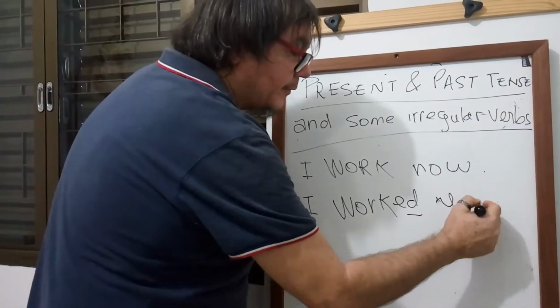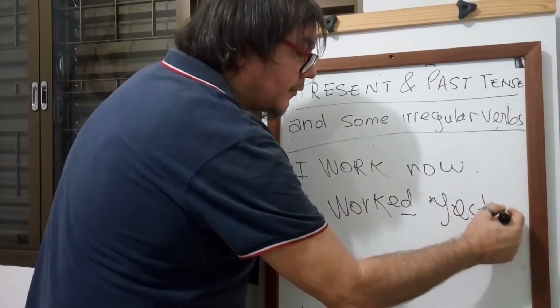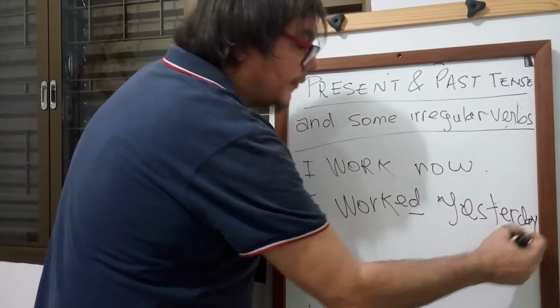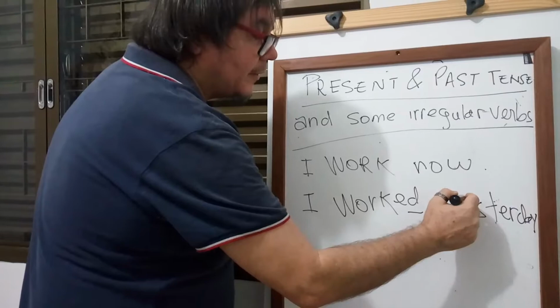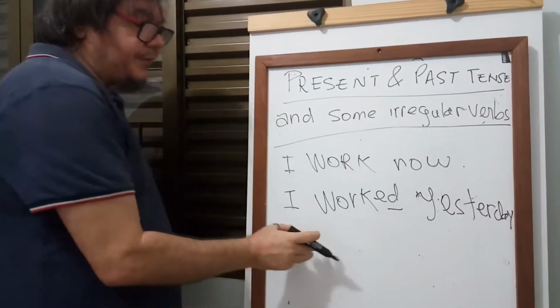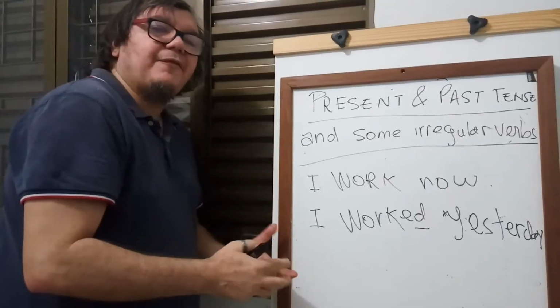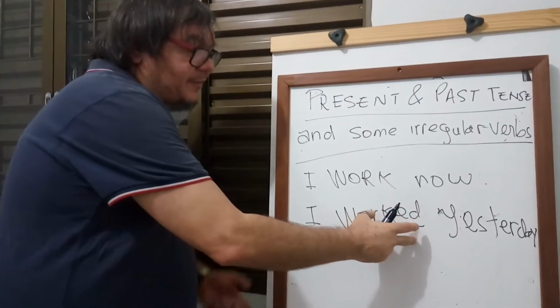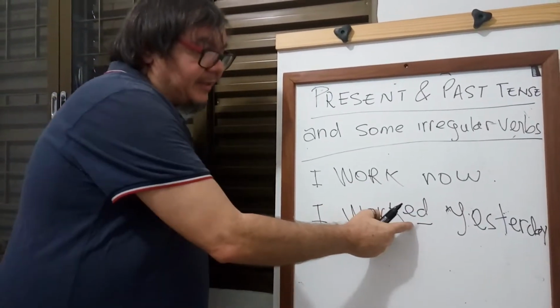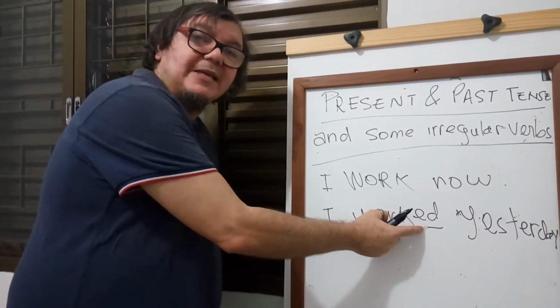Example. I worked yesterday. So this is a regular verb, right? Now, how can I identify a regular verb? Because regular verbs in the past end with the suffix ed.